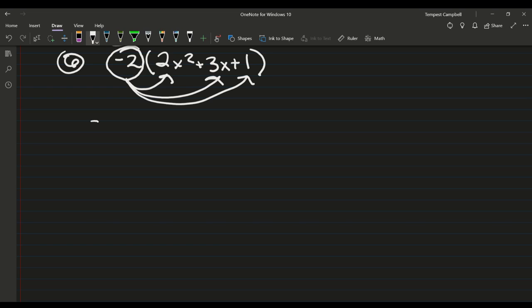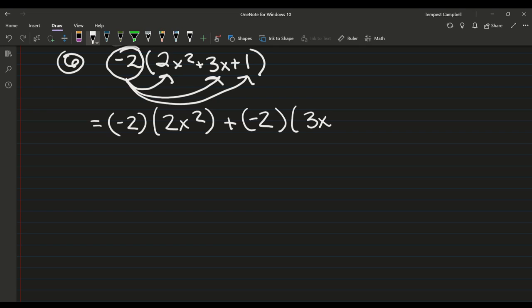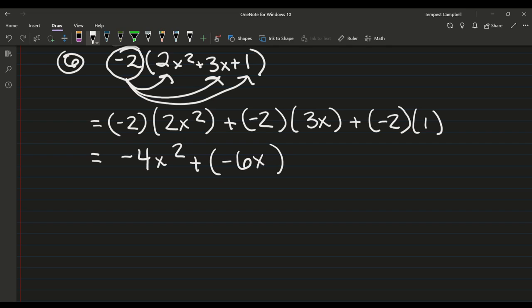So we have a negative 2 times 2x squared plus negative 2 times 3x plus a negative 2 times 1. And we end up with negative 2 times 2 to get negative 4x squared plus a negative 2 times a positive 3 to get a negative 6x plus a negative 2 times 1 to get a negative 2.